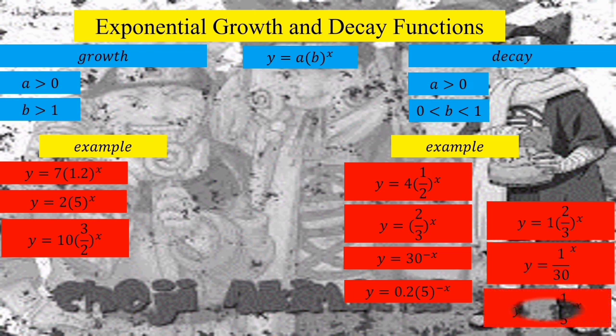So kung papalitan lang natin din siya, y is equal to 0.2 times 1/5 raised to the power of x. Class, tatandaan, pag decay tayo, dapat your base should be greater than 0 but less than 1.